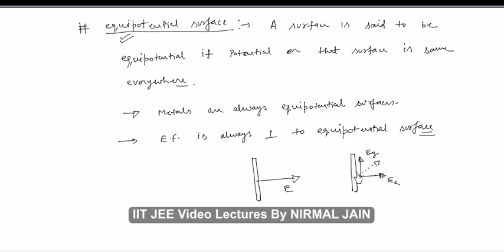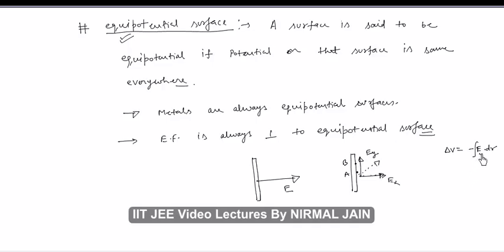If potential is the same at this point A and at this point B, then if I move from A to B, this component Ey will do some work in moving from A to B. So if the electric field is doing some work, then potential difference is equal to minus integration of E dot dr.